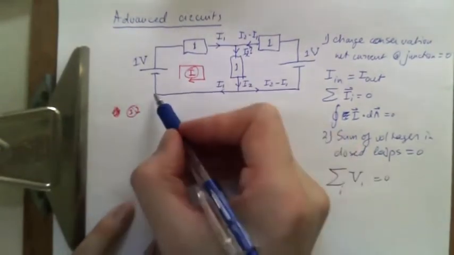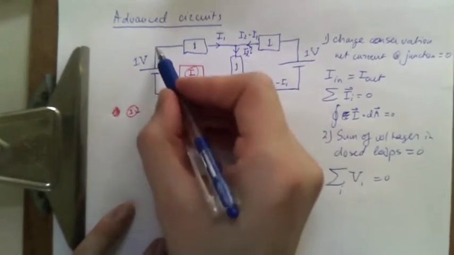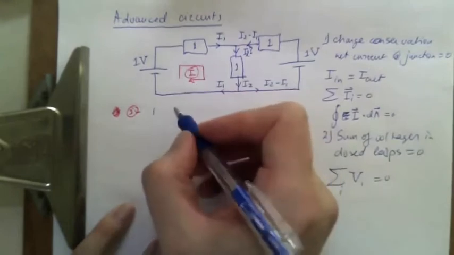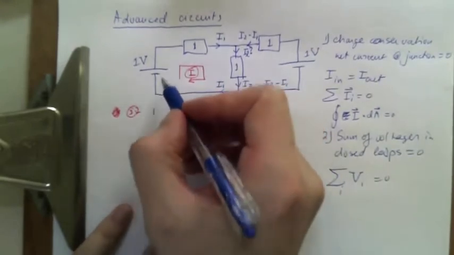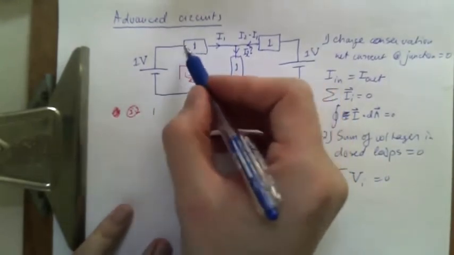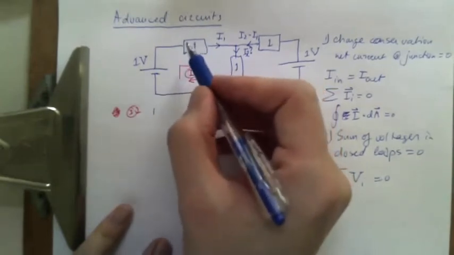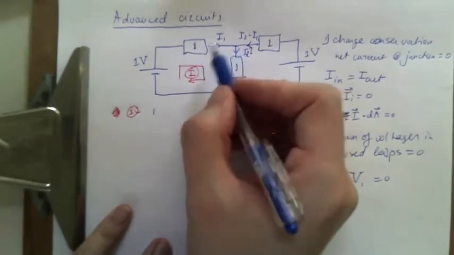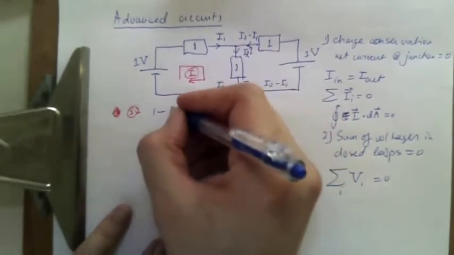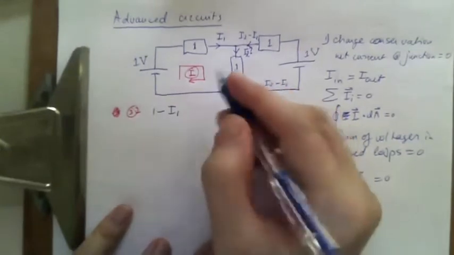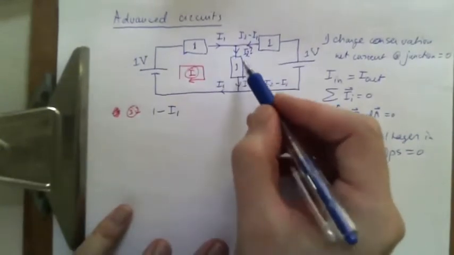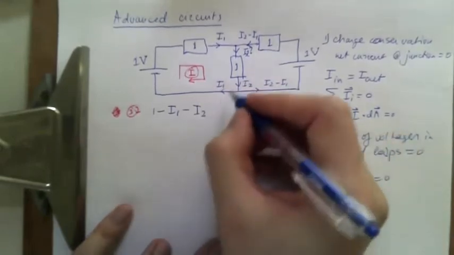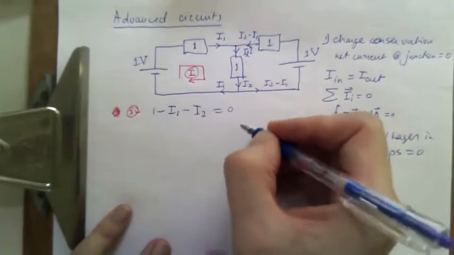The voltage going from here to there goes up by 1 volt. So 1 volt. And I'm going to drop the units because I'm going to assume that all the units make sense. So 1 volt, then I go through this resistor. My voltage is going to drop through Ohm's law by I times R, and I happens to be I1 and R is 1. So this is minus I1. And then I go through here, and it's now dropping by an I2 times 1. And then I'm back here, so the sum of these voltages is 0.